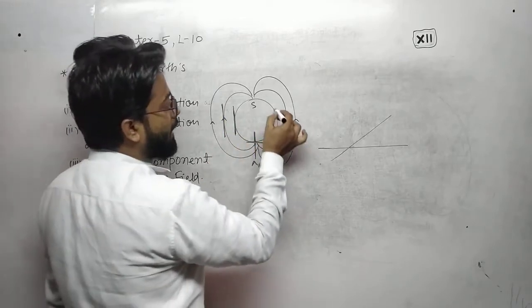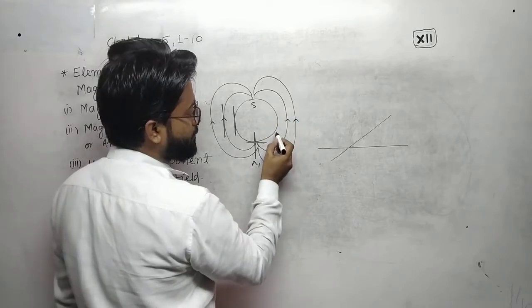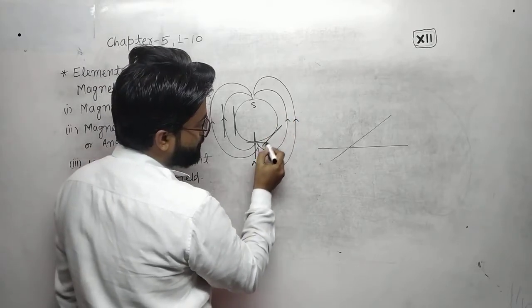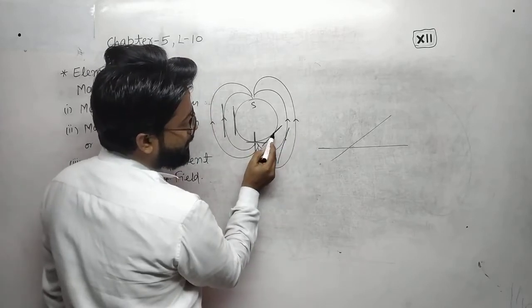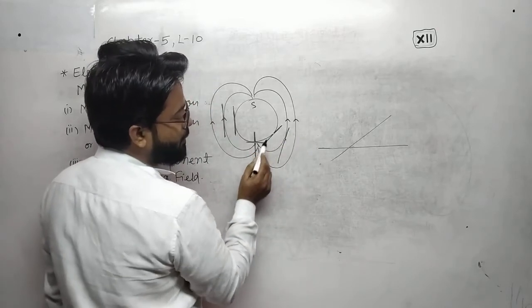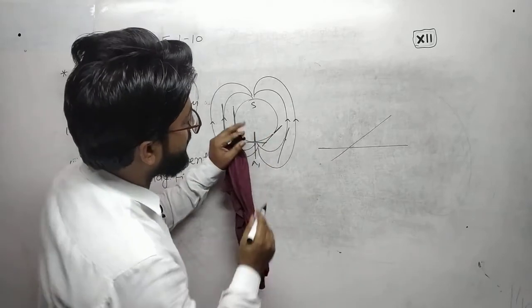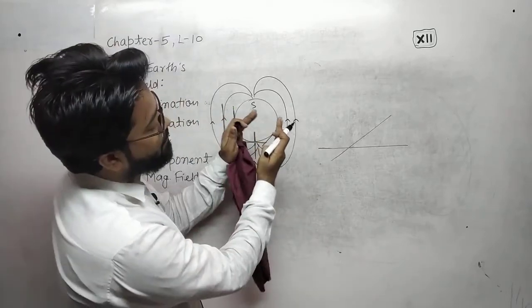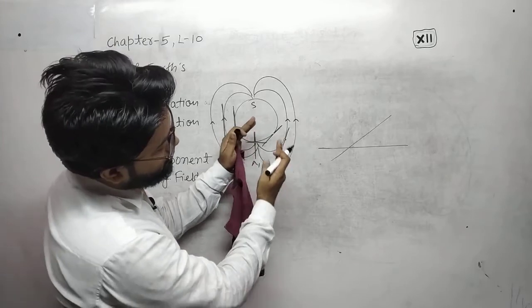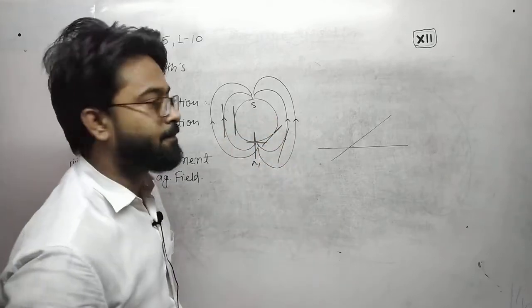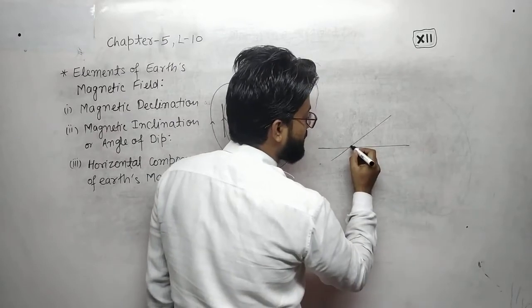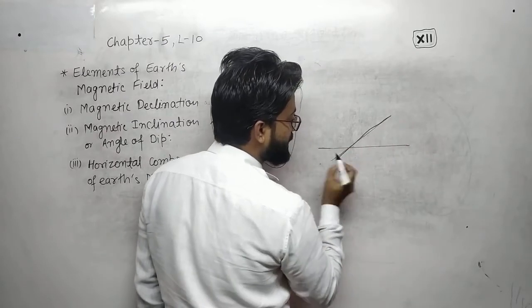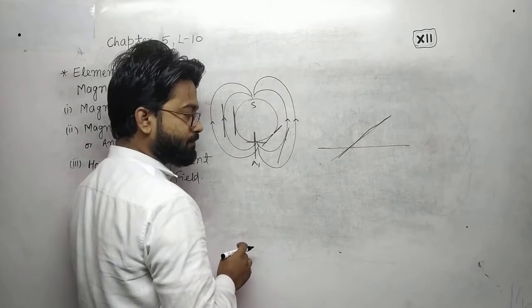But at any other position, the magnetic field is in this direction at that point, while the Earth's surface is like that, so there is some angle between the Earth's surface and the magnetic field. Let us suppose at any point the Earth's surface is this and the magnetic field line is this.